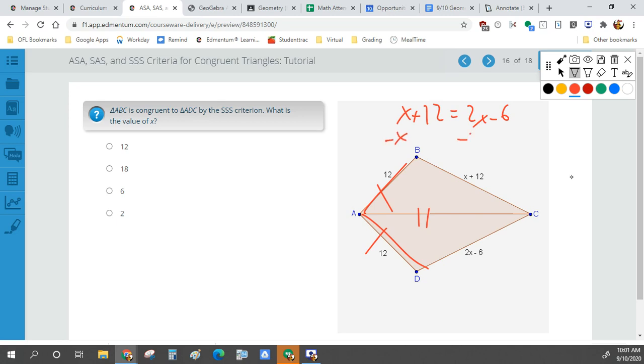So we take away the X, take away the X. 12 equals X minus 6. And then we add 6 to both sides. So X has to be equal to 18. So our answer is going to be 18 for this.